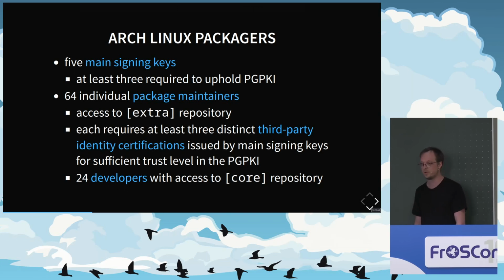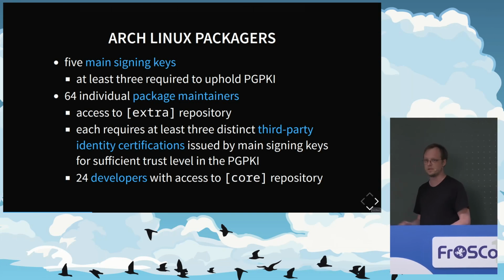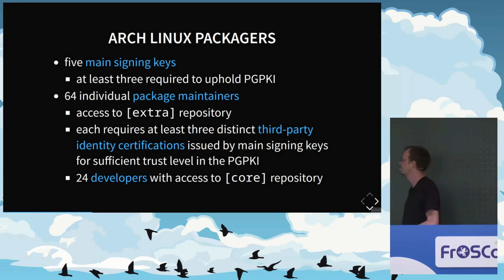They have access to core. It's a separate set of packages that always go to testing and are required to be tested, and are very specific. The Linux kernel is in there, a lot of the base utilities for all systems, basically.